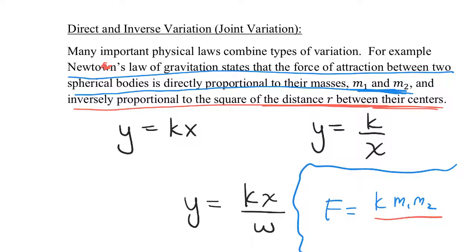So I simply put r squared in the denominator. Again, the force of gravity is directly proportional to the masses M1 and M2, and indirectly proportional to the distance between the masses squared. Right? The square of the distance between the centers. So that's just a quick example to see that.